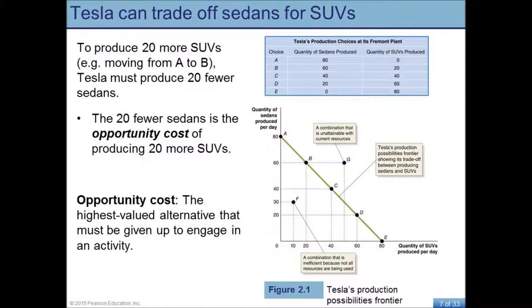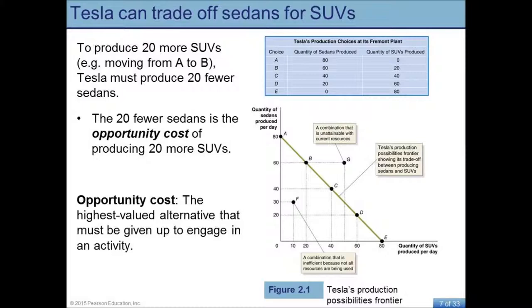So moving to the next slide, we're again still looking at the same table and graph. And we're talking about now the actual opportunity cost. To produce 20 more SUVs, we're going to give up 20 sedans.